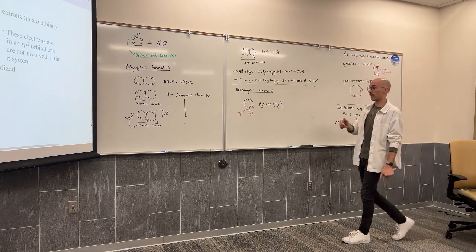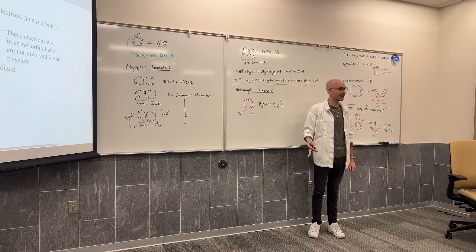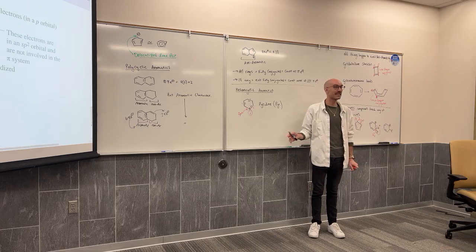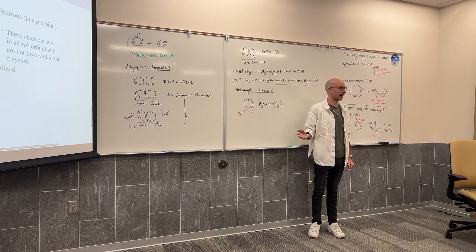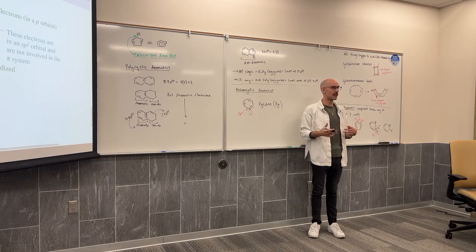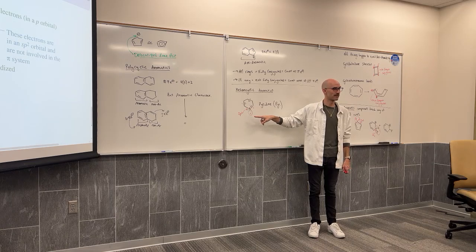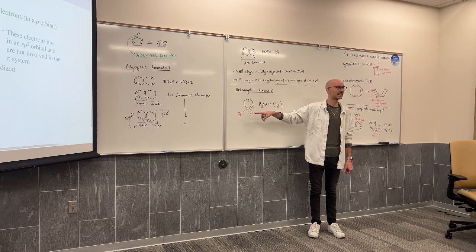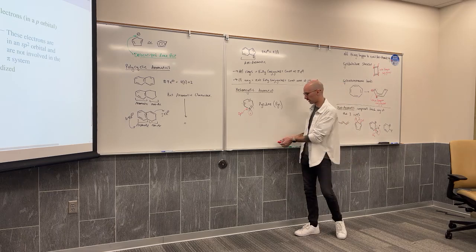Okay, so you've got a good point. If I count this lone pair, it would be an anti-aromatic compound. And pyridine is a very common compound, which means it's probably not anti-aromatic. So we can use just common sense to say it's probably in a hybridized orbital, and it's not involved in aromaticity. But we can also use another way to say this.